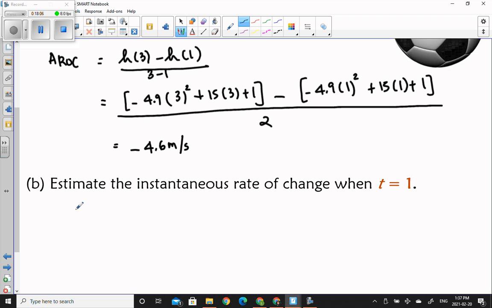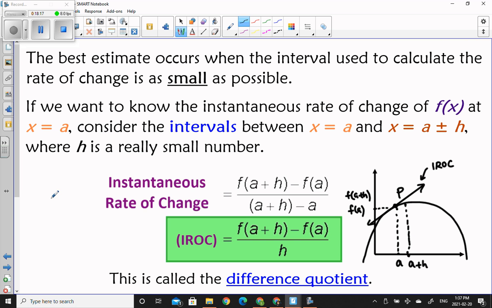So we're going to take values that are very close to 1. I'm going to use the difference quotient to find the rate of change, f(a + h). I'm going to take an h value which is very small and just to the right of a, and then use this difference quotient.